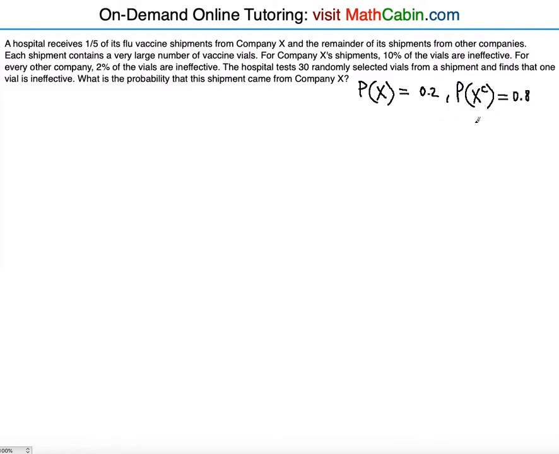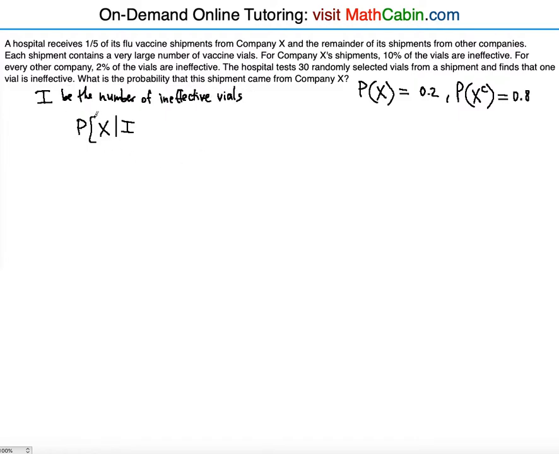Okay, so now that we found it, what we're looking for essentially is the probability of X given I, and we're going to let I be the number of ineffective vials.